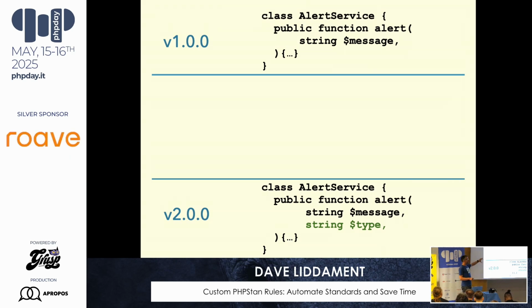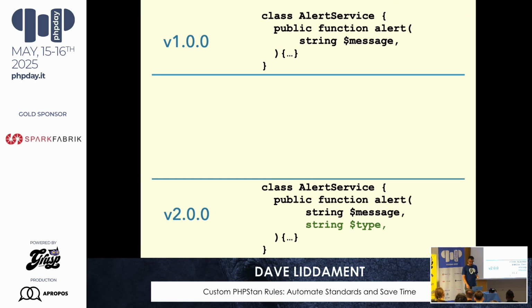And actually, this is something that PHPStan did when it went from version 1 to version 2, was add in an identifier. So it's a similar idea to what PHPStan did. So my version 1, the alert method just has a single parameter, which is message. And in version 2, it has two parameters, the original message one and the type.